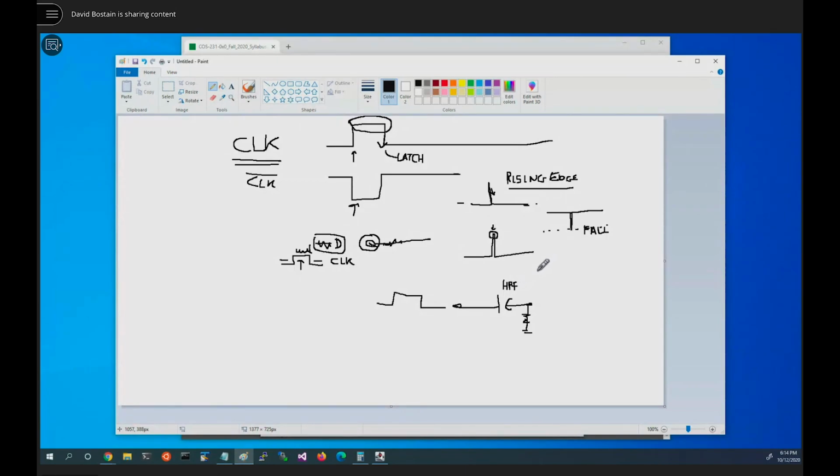Now, we don't have time in here to talk about what it means to be high pass and low pass and all those sorts of things, or even why the clock edge would have high signals in it as opposed to low signals.